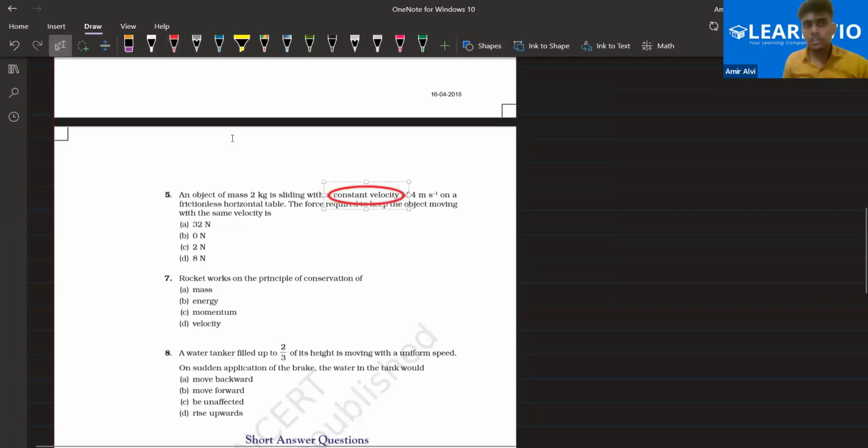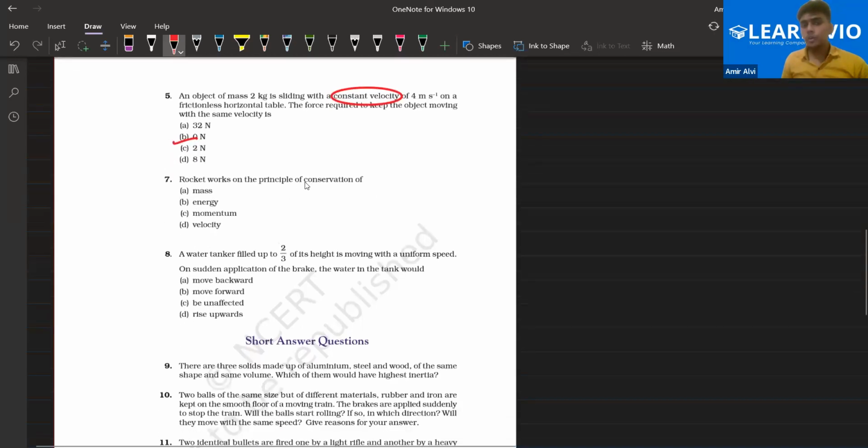If it's saying constant velocity, it means that there is no acceleration at all acting on the body. And if there is no acceleration, it means that there will not be any force on that. There is no unbalanced force on it, right? So directly you can say it's 0 Newton. There is no force required to move the object with the same velocity.